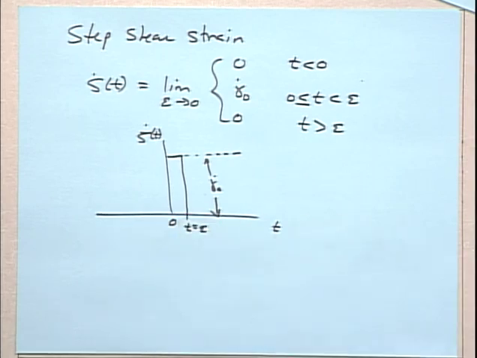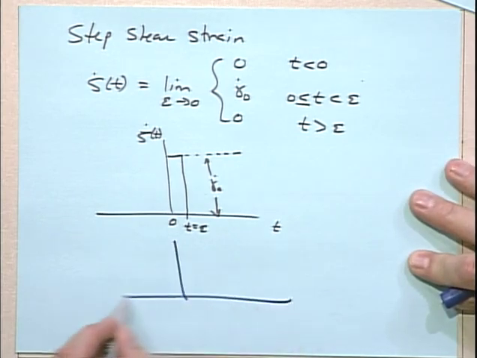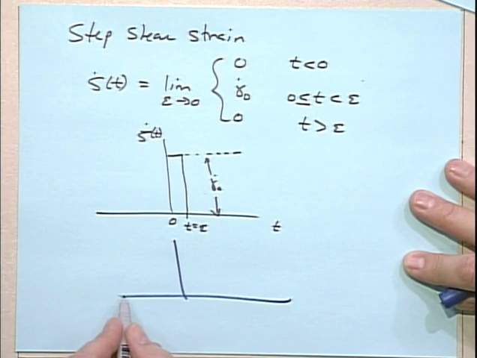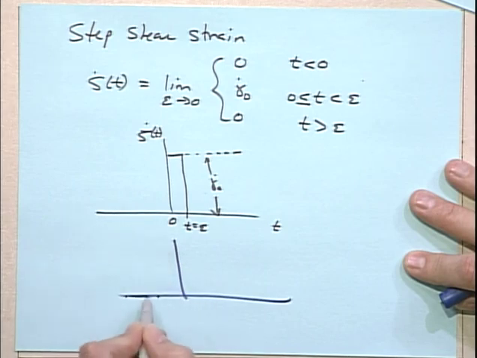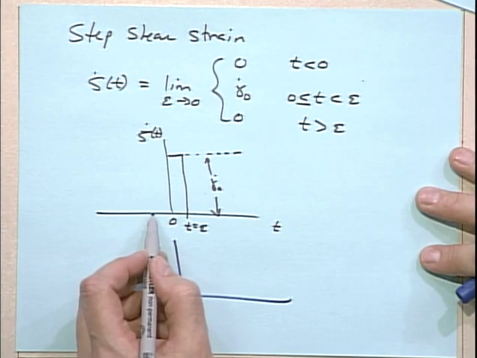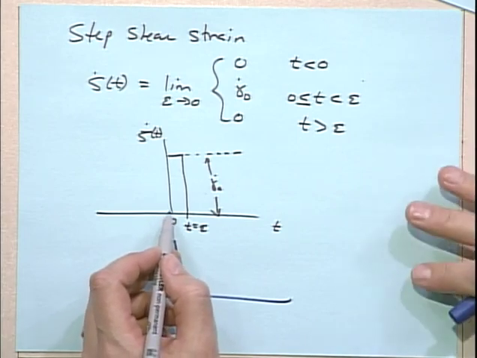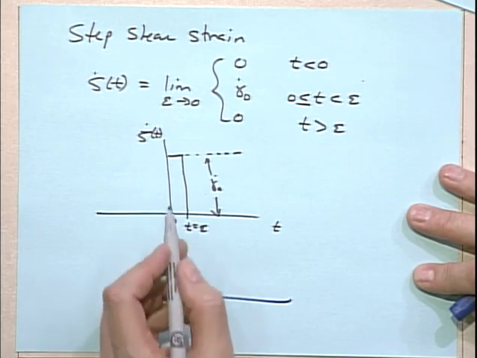This is strain rate. If we look at strain, it would look like this. The integral between this time and this time of a function that's 0 is 0. Okay. The integral between a time that's 0 and this time is 0 at time 0.